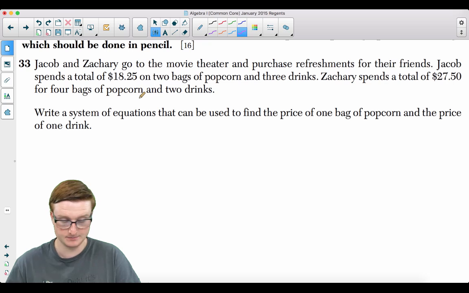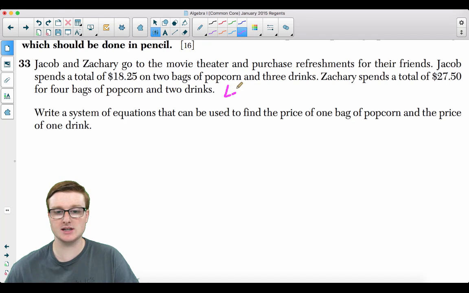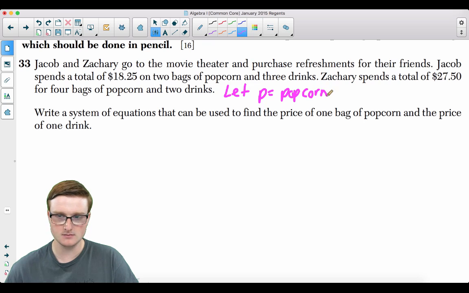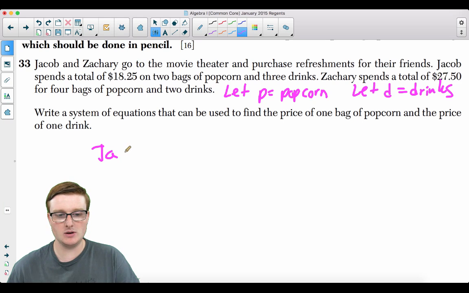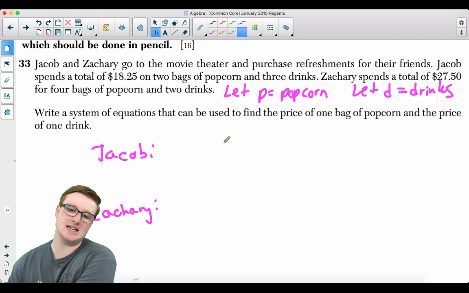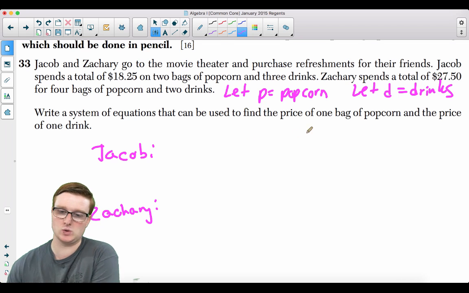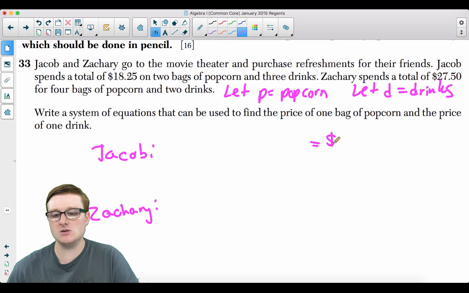Write a system of equations that can be used to find the price of 1 bag of popcorn and the price of 1 drink. So, here's what's going to happen. I'm going to let P equal popcorn, and I'm going to let D equal drinks. And let's go ahead and write the equations. Here's Jacob's equation, and here is Zachary's equation. Jacob spent $18.25, so it's going to be equal to $18.25.